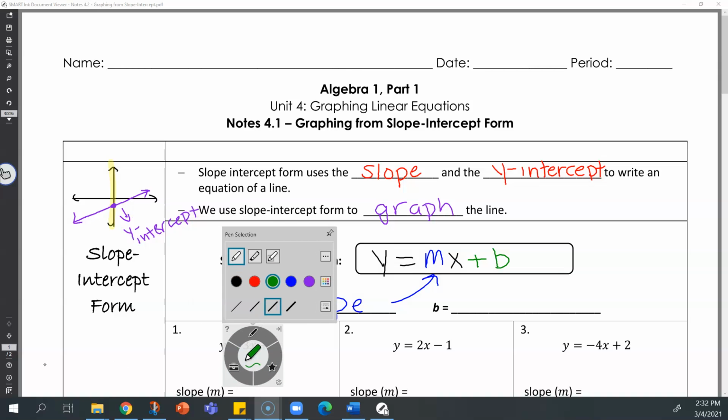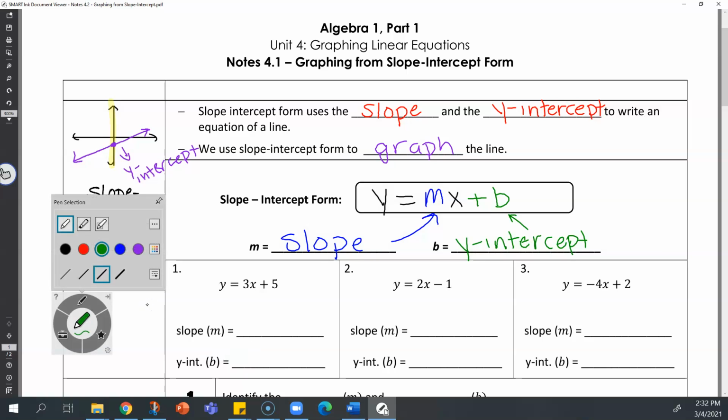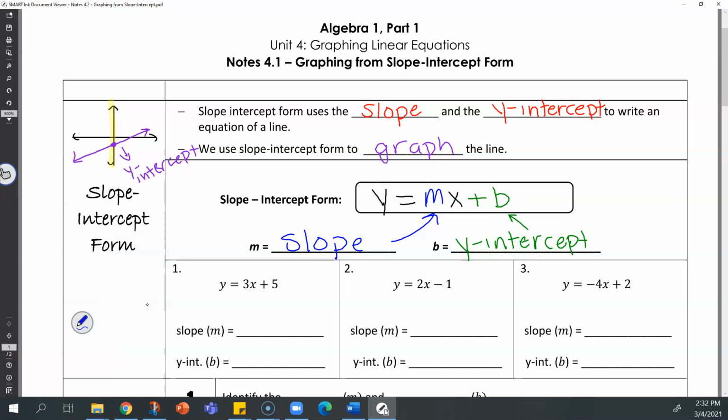My b is my y-intercept. It tells me where this line is going to cross the axis. So the first thing we need to do with these slope-intercept form equations is figure out the pieces of these equations so that we can use them to do the graphing.